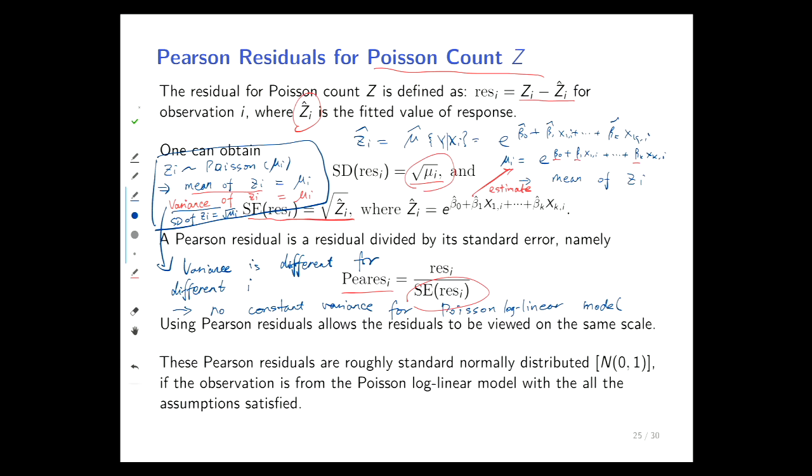Here we only have 3 assumptions instead of the 4 assumptions in the multiple linear regression model. By using the first 2 assumptions, the Poisson distribution assumption and the generalized linearity assumption, we can derive that the variance of response zi equals mu i. And we find that the variance is different for different i. So we do not have the constant variance assumption by using the 2 assumptions of the Poisson distribution.